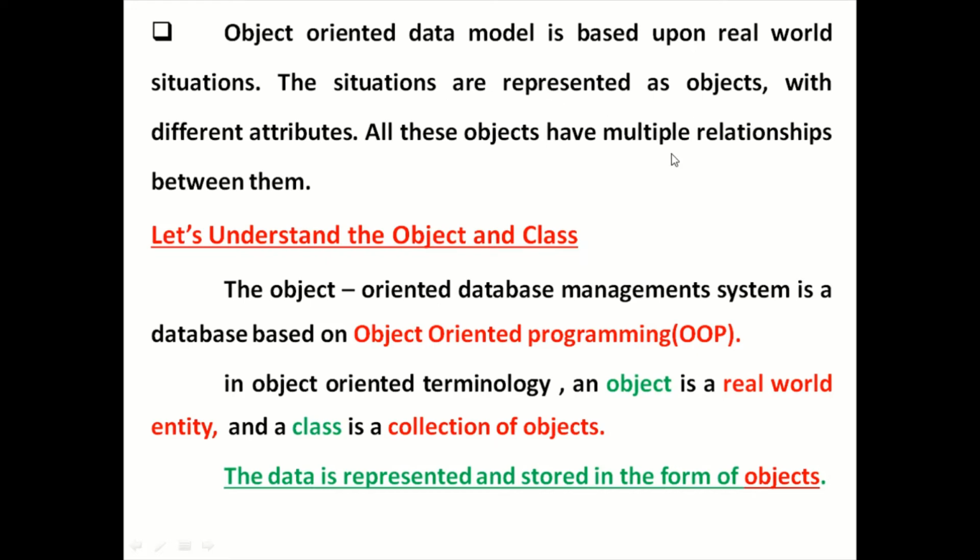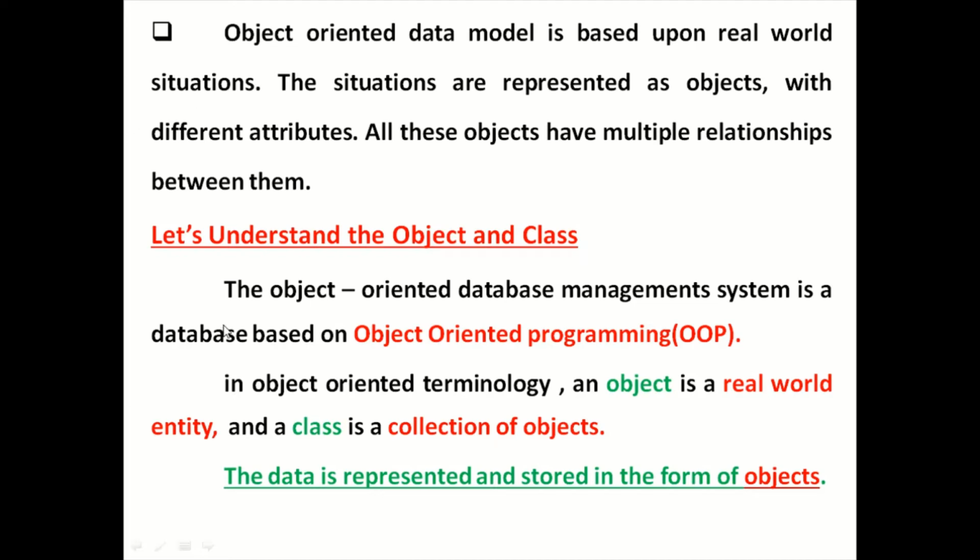Whenever you call one object, we should take attributes for that particular object, either one or more than one. Attributes are nothing but column names. Here the object is nothing but the table name. All these objects have multiple relationships between them, and the object oriented data model maintains a good relationship between a number of objects too.